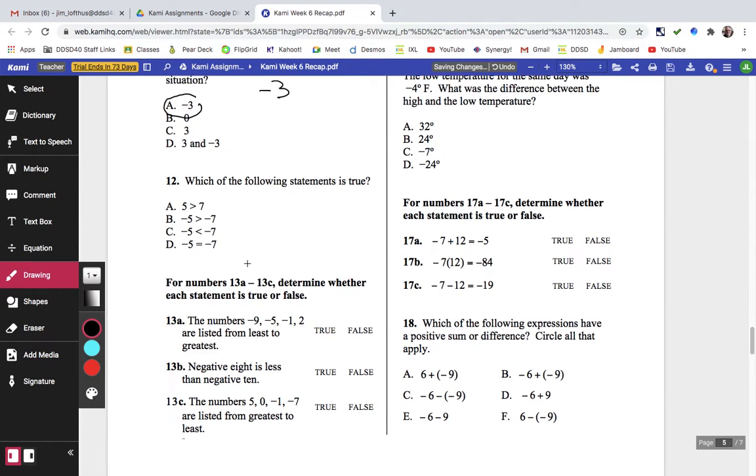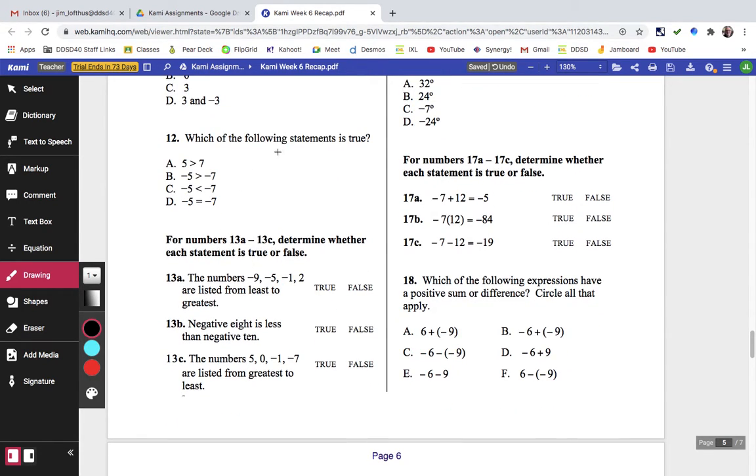And number 12, which of the following statements is true? 5 is not greater than 7. And if we make a little number line here to kind of double check our thinking, and we'll put a 0 right here. 1, 2, 3, 4, 5, 6, 7.